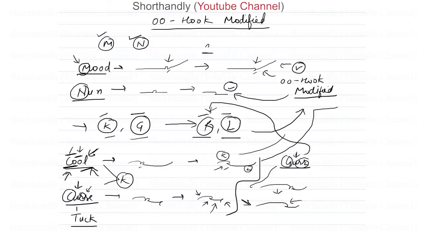In the same way, if we have another word called gull, again we have this gay here, and now we have this L here. So we have to use this hook modified method here also. So instead of making the gull word like this, we can make the gull word simply like this.